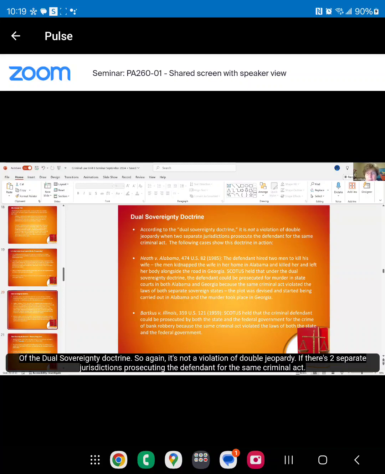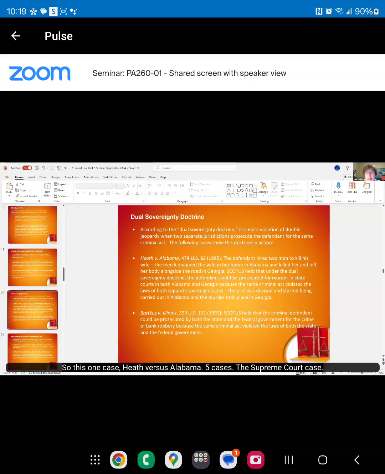So again, it's not a violation of double jeopardy if there are two separate jurisdictions prosecuting the defendant for the same criminal act. So there's one case, Heath versus Alabama. It's a 1985 case. This is a Supreme Court case. The defendant had hired two men to kill his wife.